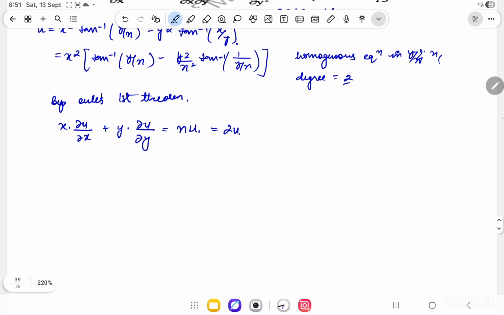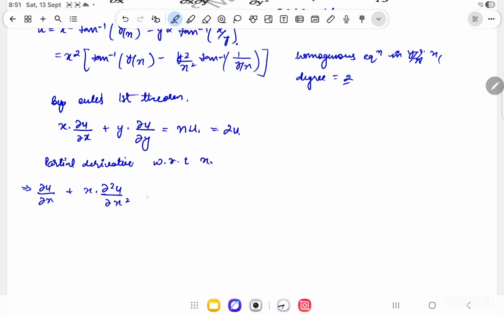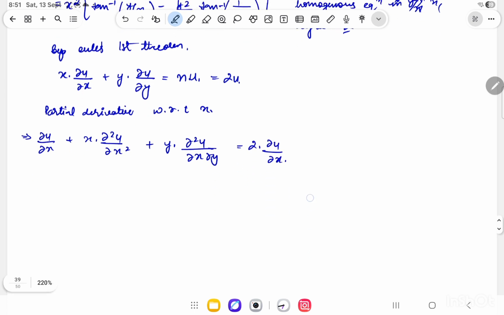So if we take its partial derivative with respect to x, so we'll get del u by del x plus x into del square u by del x square plus y into del square u by del x del y is equals to 2 into del u by del x.